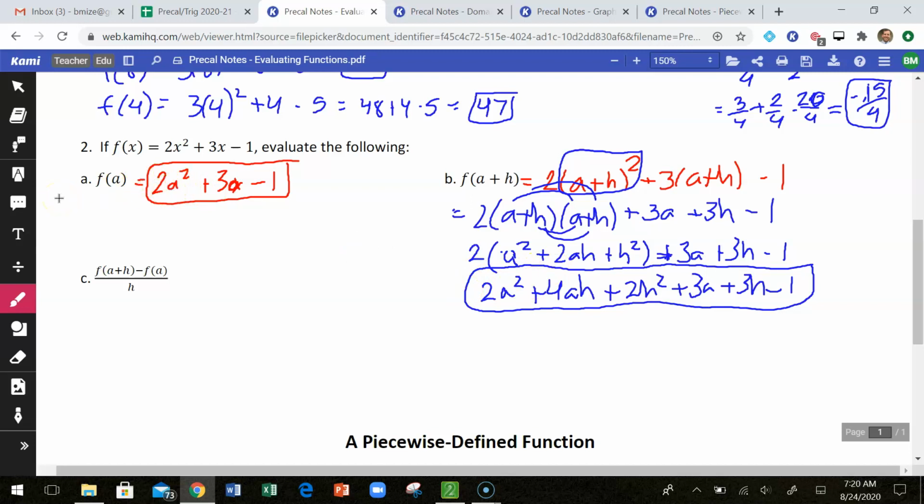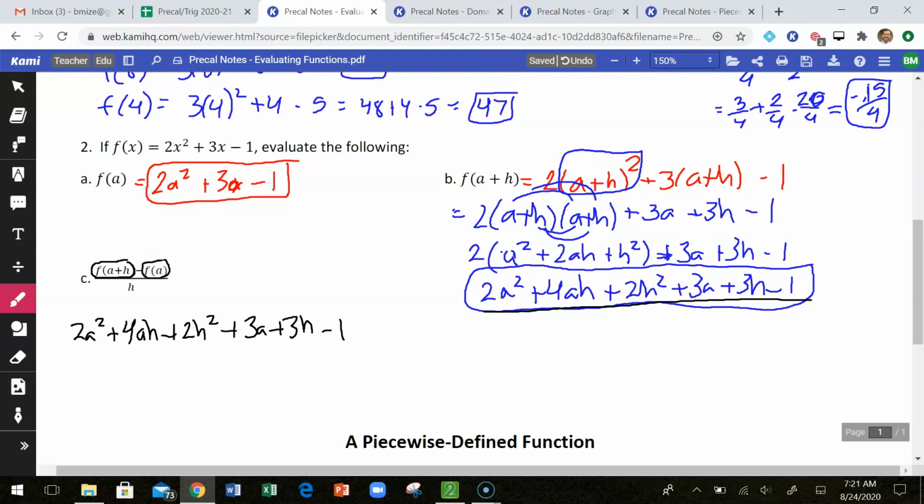So for this f of a plus h part, that's what we just did here. So I've got 2a squared plus 4ah plus 2h squared plus 3a plus 3h minus 1. Then we have minus f of a.